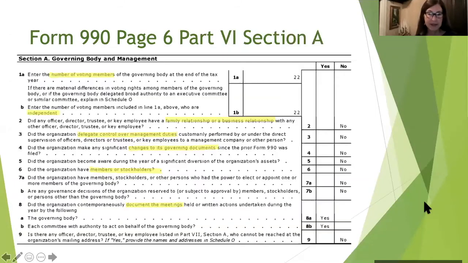Okay, next. All right, so this page 6 is the page that you as a board member should really care about, because this is the heart of the matter. So here again, it asks you how many voting members you have and how many are independent.